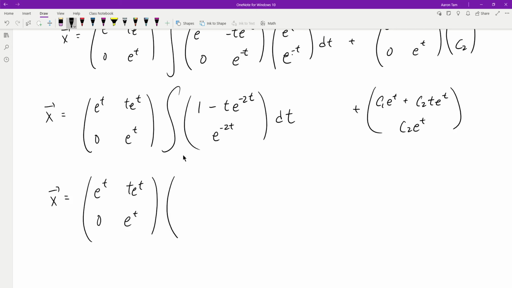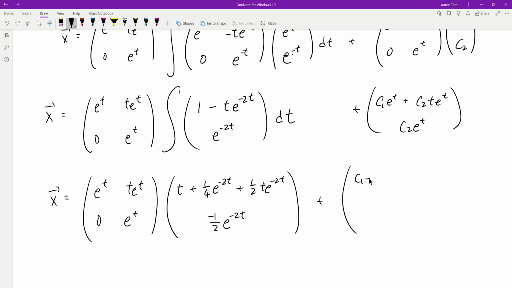If you do it correctly, you should get t plus 1/4 e^(-2t) plus 1/2 t e^(-2t) on top, and the bottom is easy, which is negative 1/2 e^(-2t).